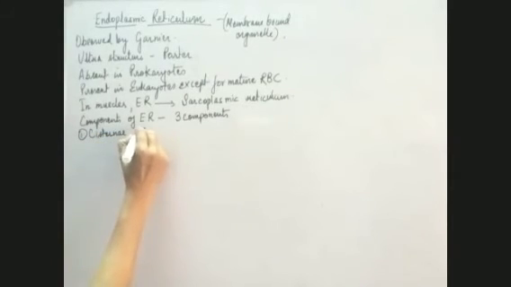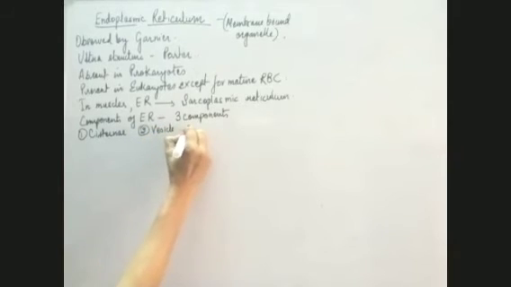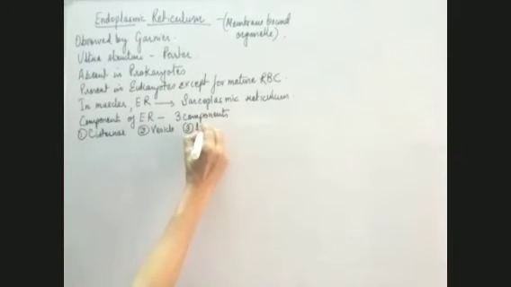The second one is vesicles. And the third one is tubules. This is made up of cisternae, vesicles, and tubules. Now, what are cisternae? What are vesicles? And what are tubules? I'll tell you.